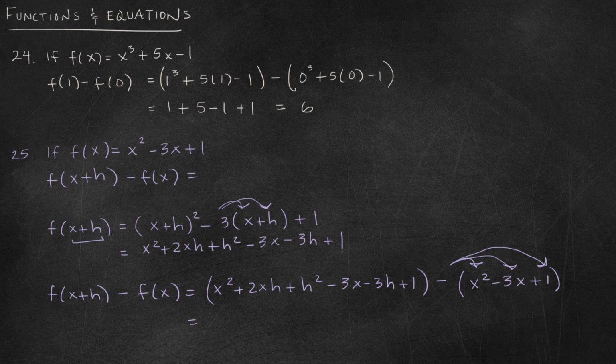So minus x squared, tell you what, I'm going to write it underneath the like terms. So minus x squared is here. Then I have a plus 3x here, and I have a minus 1 here. So conveniently, those things cancel out, leaving me with 2xh plus h squared minus 3h.